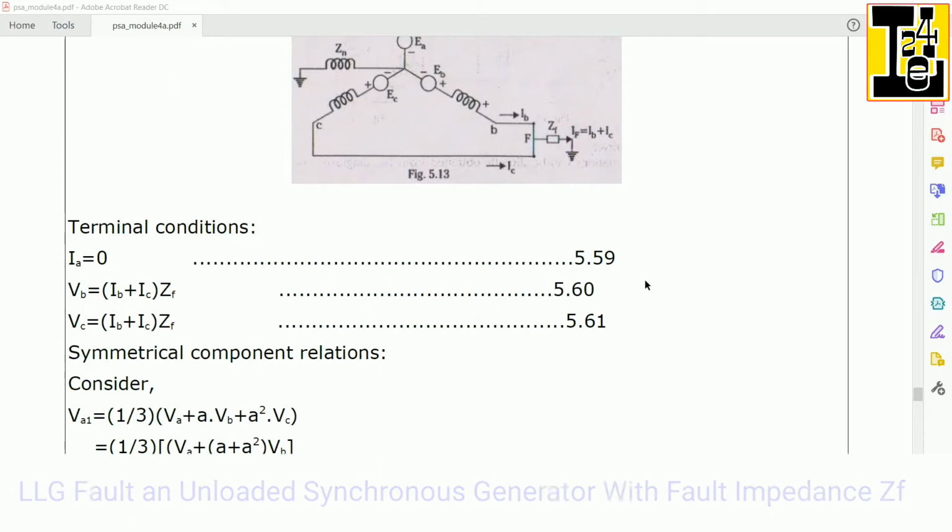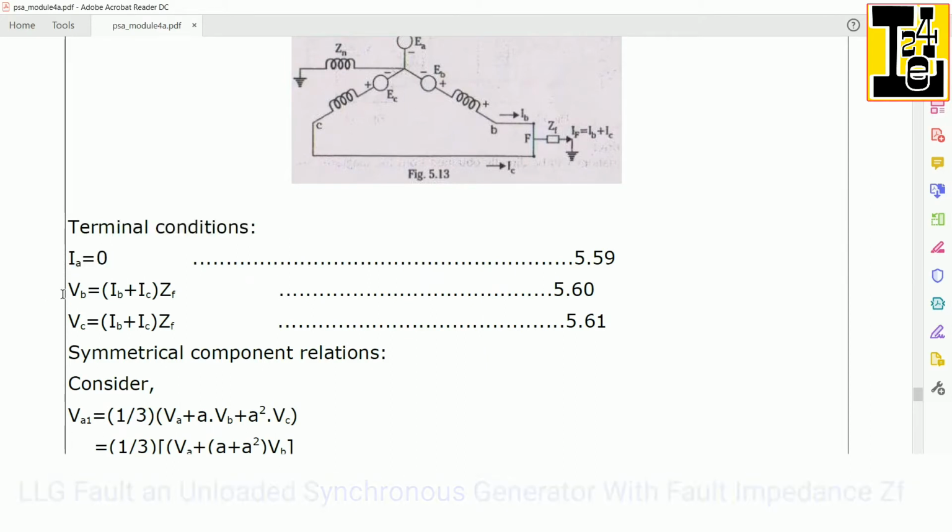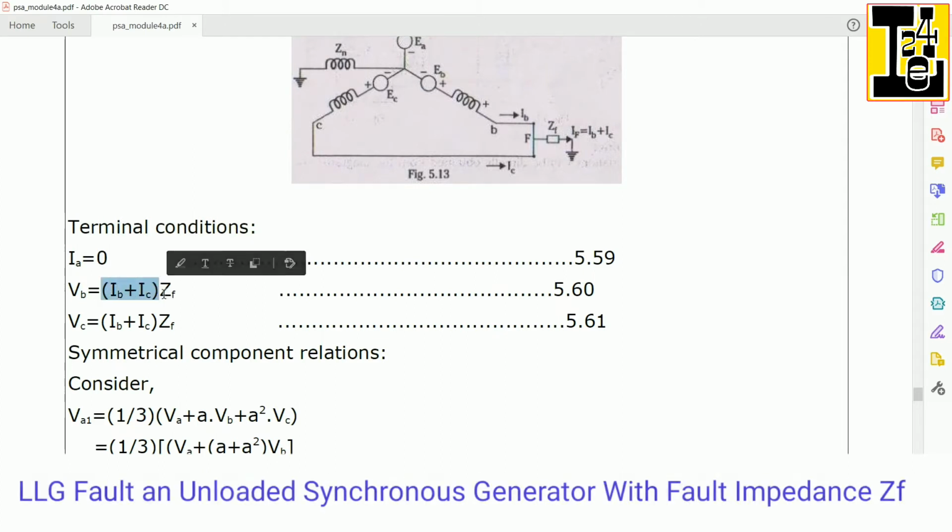So let us write the terminal conditions for this. As the fault is taking place between phase B and phase C, the other line current will become IA equals 0. VB is equal to (IB plus IC) into ZF. That is the second terminal condition.